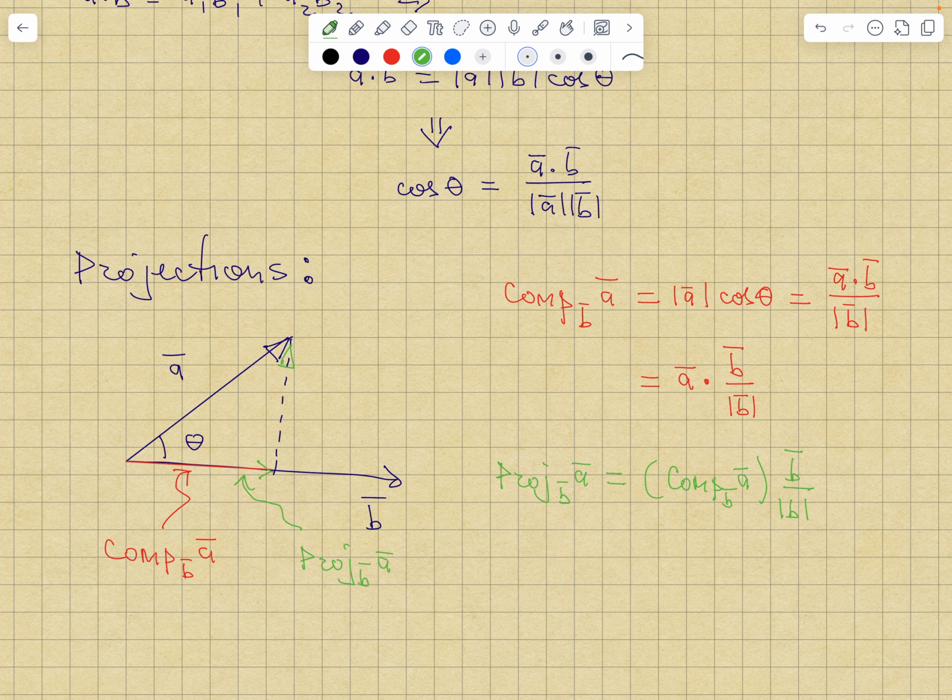Right, because now if you find the magnitude of the projection of A onto B, you see that the magnitude is going to be the component of A onto B times the magnitude of a unit vector, and the magnitude of a unit vector is 1.